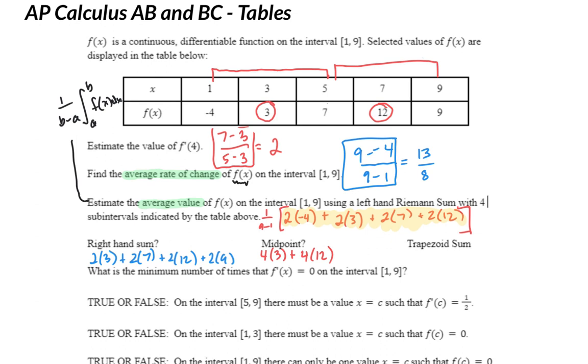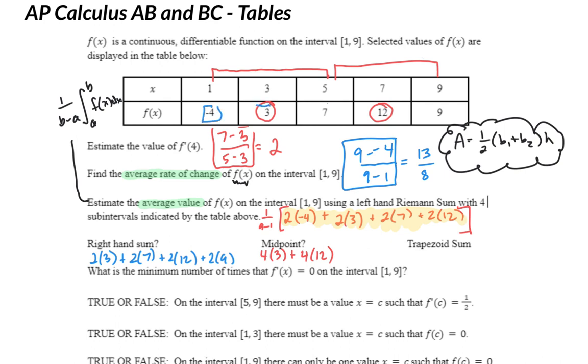And finally, a trapezoid. Now, the area of a trapezoid formula is this: area, write this up here, 1/2 base 1 plus base 2 times the height. This is the area of a trapezoid. Now, for us, the bases are the y values.